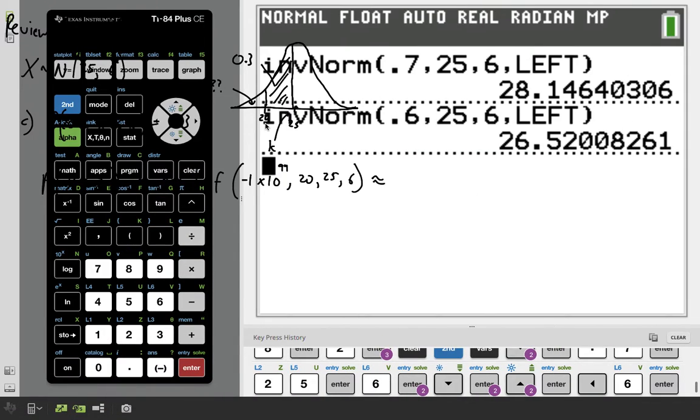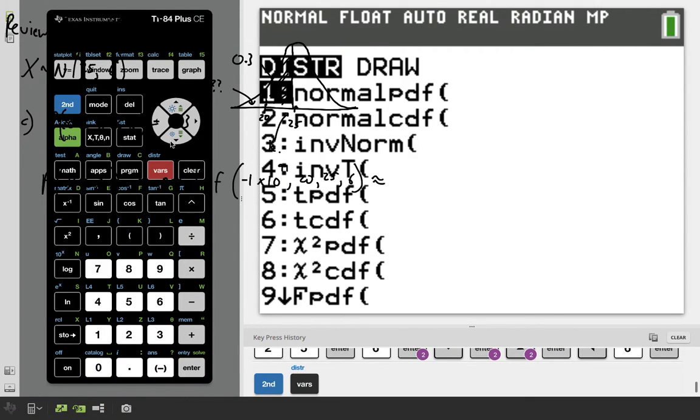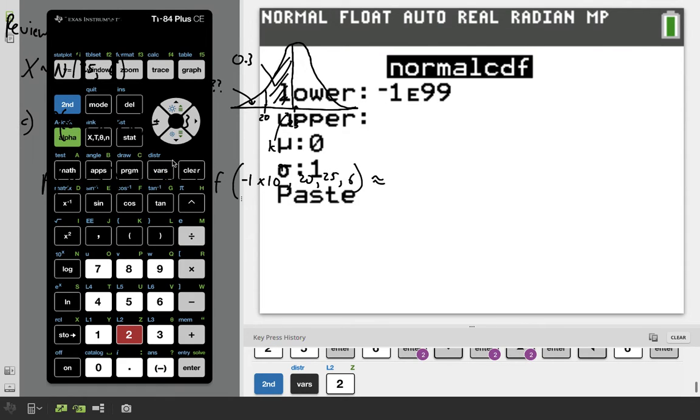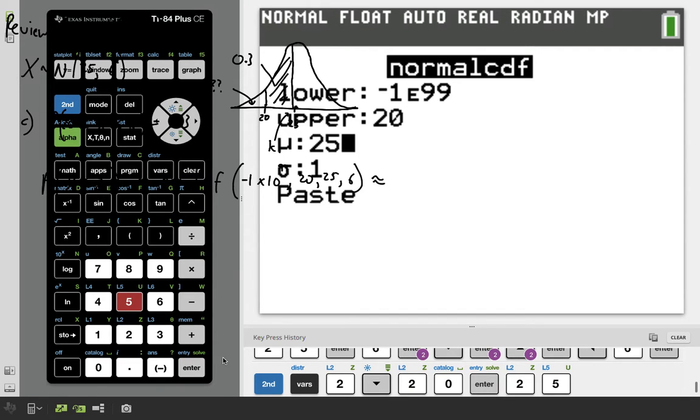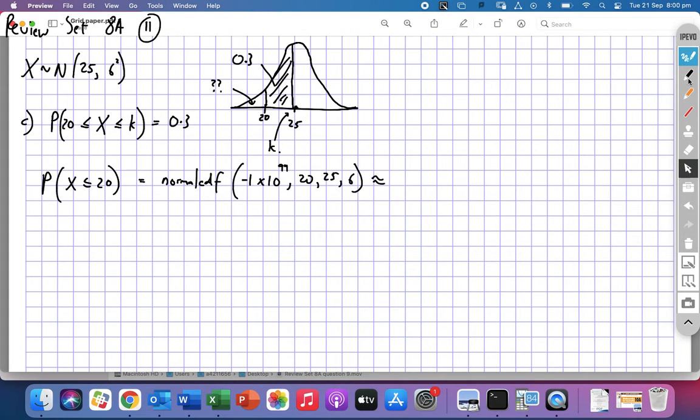Okay, so we're going to normal CDF. It's number 2. Lower is right, upper is 20. Mean 25. Standard deviation 6. And we get 0.202. Okay, which means my drawing was slightly out.